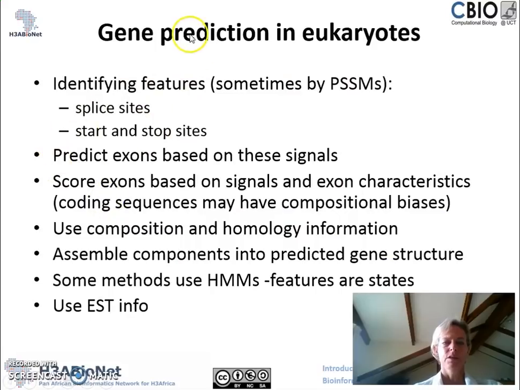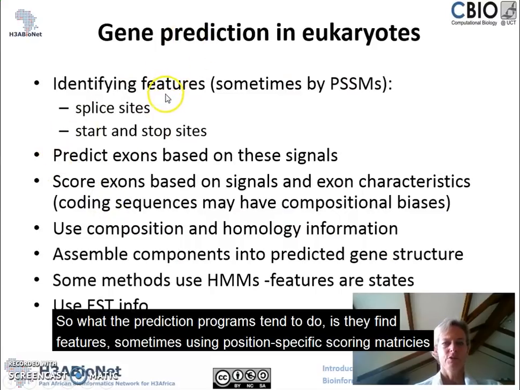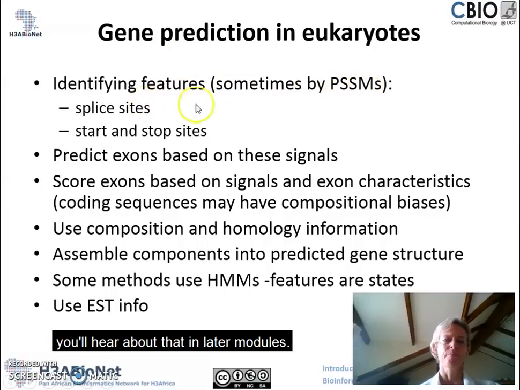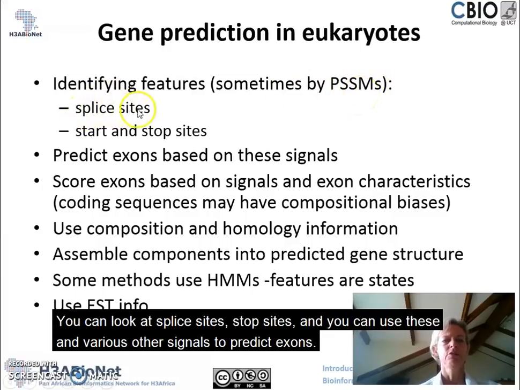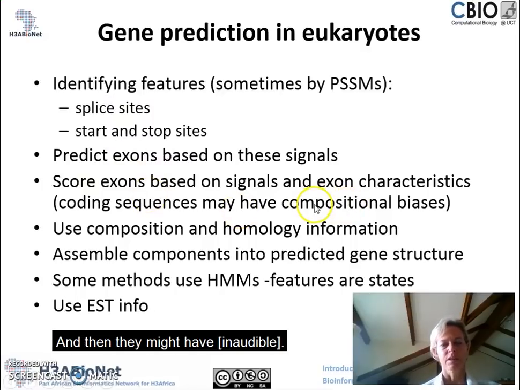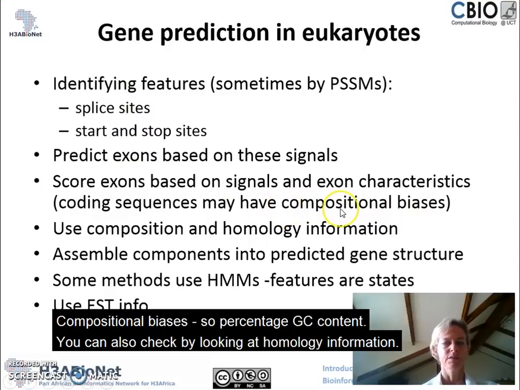So what the prediction programs tend to do is they'll find features, sometimes using position-specific scoring matrices. You'll probably hear about that in later modules. You can look for splice sites, stop sites, and then you can use these and various other signals to predict exons. And then they might have specific compositional biases, so percentage GC content. You can also check by looking at homology information.